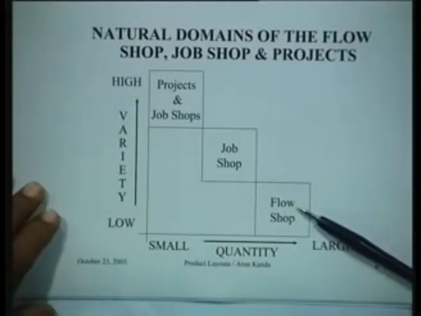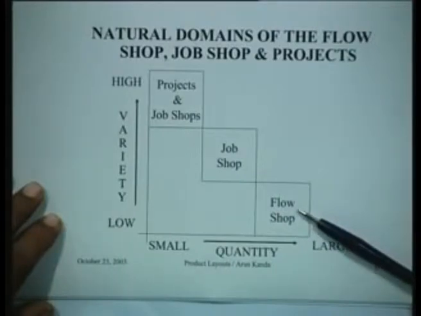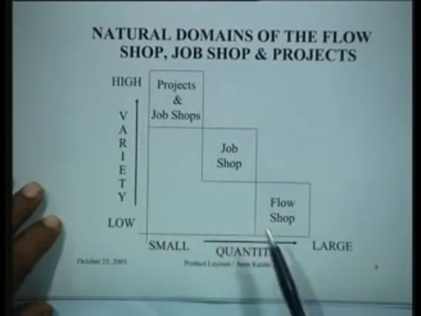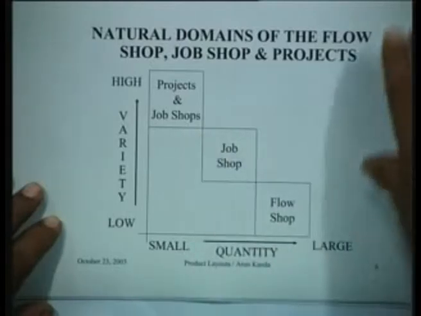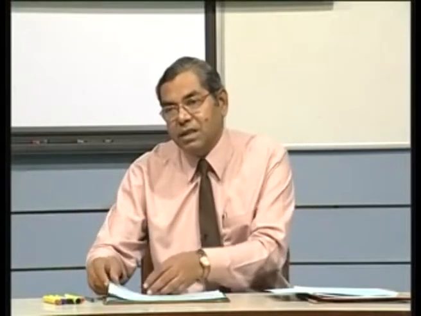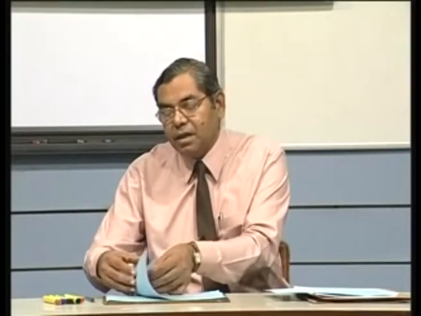So in such a case, you tend to use a layout which is generally called the product layout, or we'll see how assembly lines are designed for this kind of. So I think this point ought to be kept in mind, that depending upon the natural requirements of variety and quantity, you choose the type of layout, and it could be a process layout or it could be a product layout as things are there.